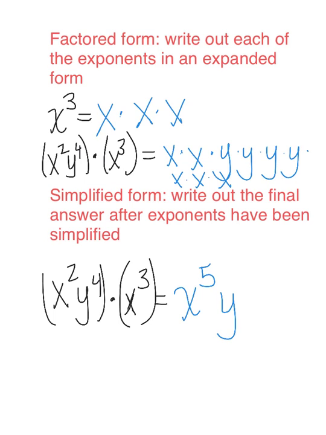I have 1, 2, 3, 4 y's. So I'm going to write that as just y to the 4th power. So, again, this up here is my expanded or factored form. All I've done down below is rewrite it after I've expanded it out into the simplified answer.